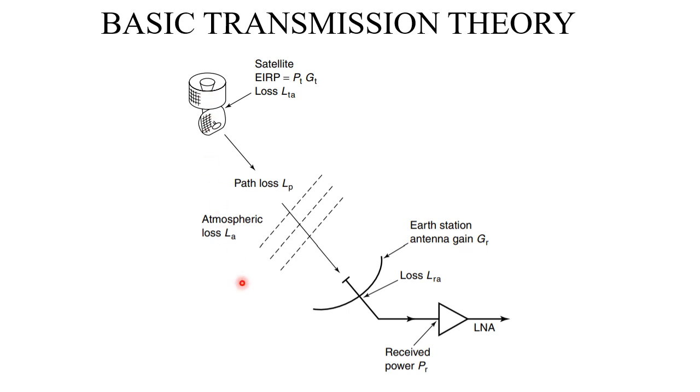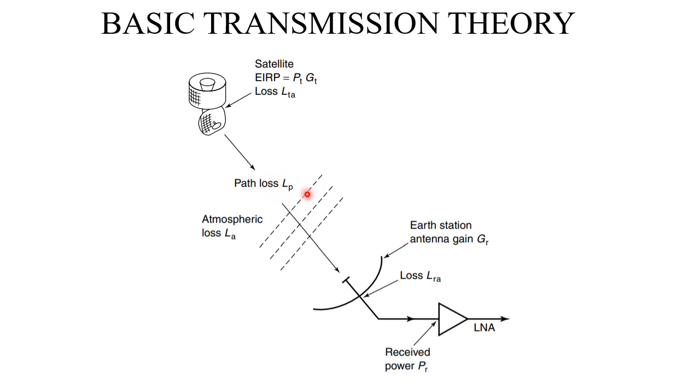So basically this is a pictorial view of the equation that we have derived. So basically we are assuming this is the transmitter part. So PTGT is the effective isotropic radiated power, and the antenna has a loss of LTA, transmitter antenna loss. Then we have a path loss, associated with LP, right?